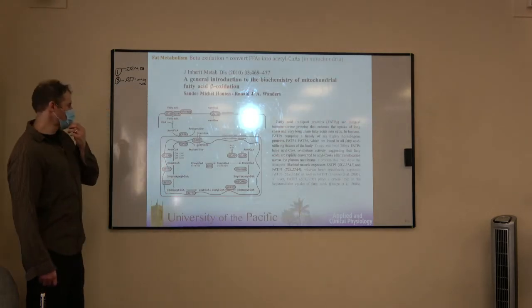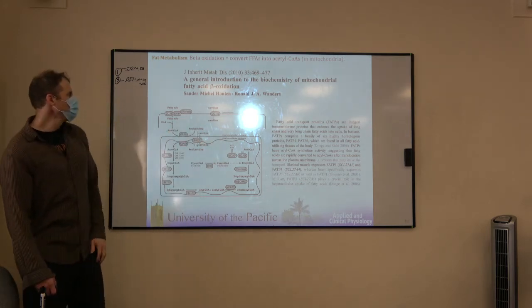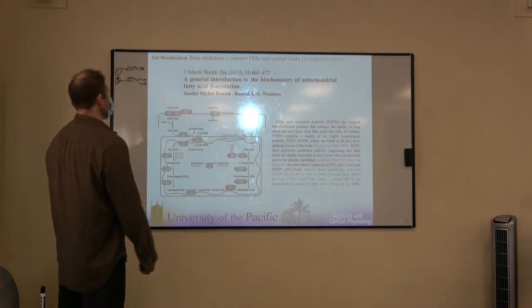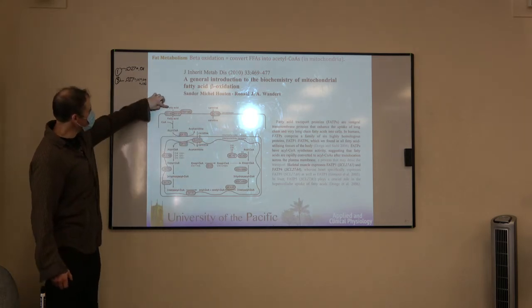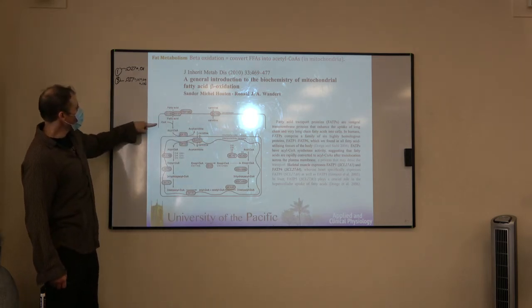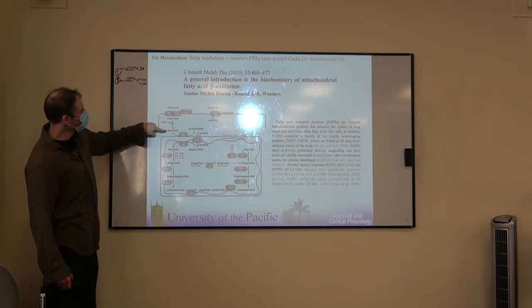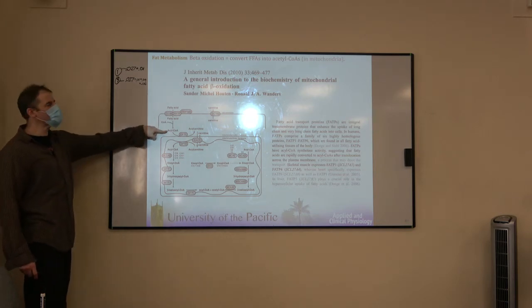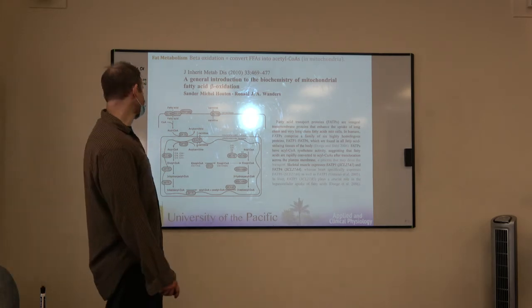Same authors, it's actually just earlier, a less pretty diagram, but I actually like this one better. So, fatty acid transport proteins. Let's get the fatty acid into the cell, and at that same time, we're going to bind a coenzyme A to it and get our acyl-CoA. Just think of this as your fatty acid, your acyl-CoA.